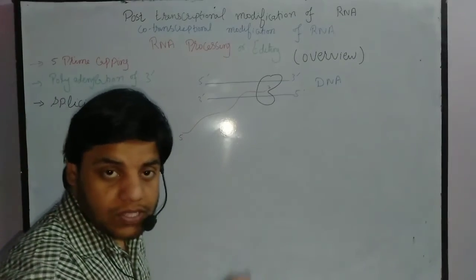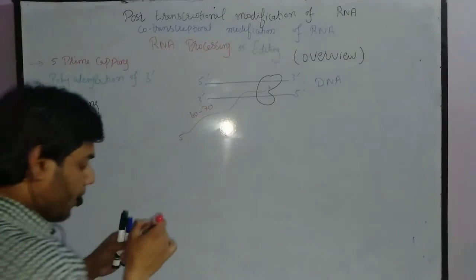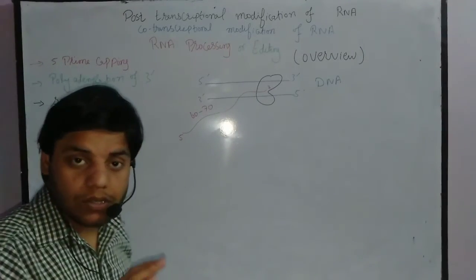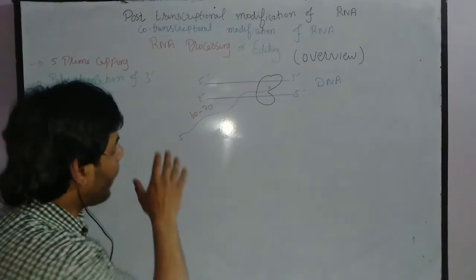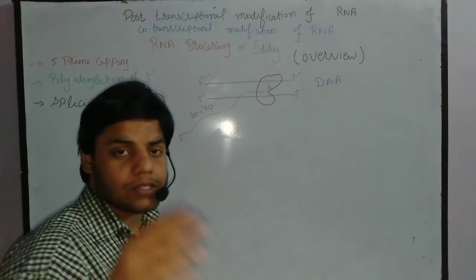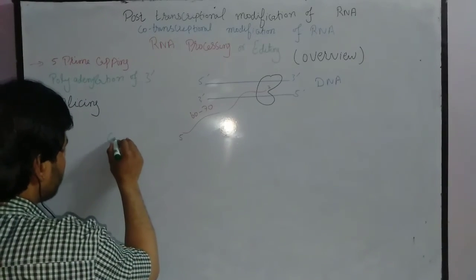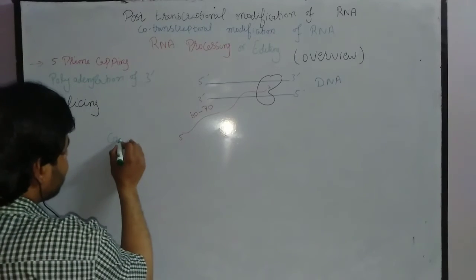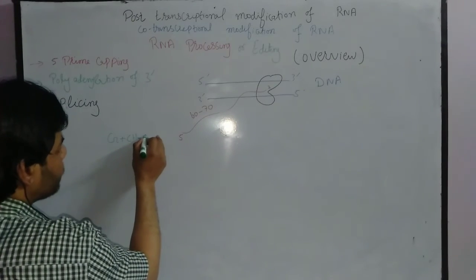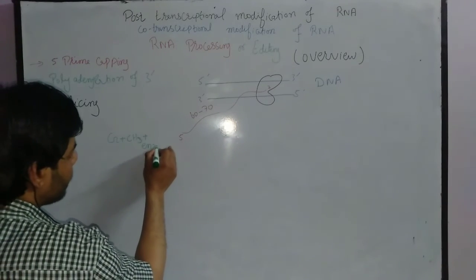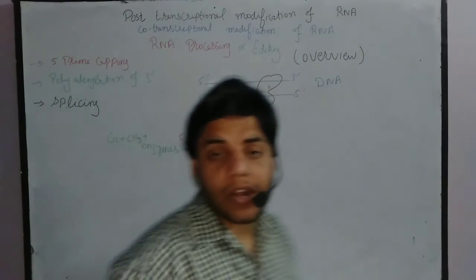Now, after the addition of 60 to 70 RNA nucleotides, at this 5' area of the RNA, three or four main things will occur. The first is guanine, the second is a methyl group, and we also have some enzymes, proteins, which we call triphosphatase.